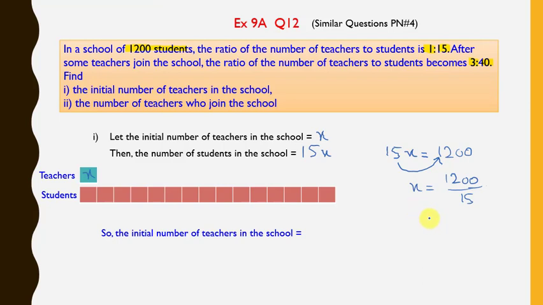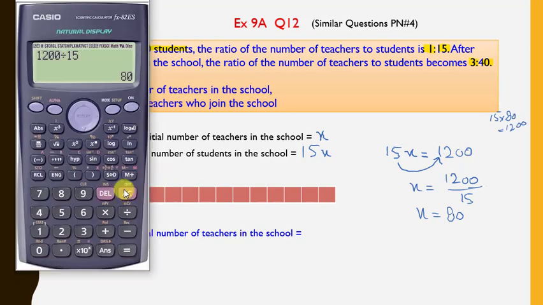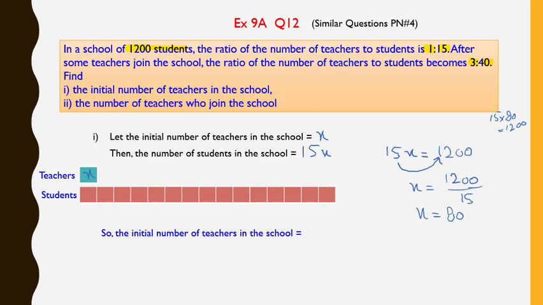So x is equal to 80 teachers. Now 15x equals 1200 makes sense, because 15 times 80 is equal to 1200. So this equation makes sense.